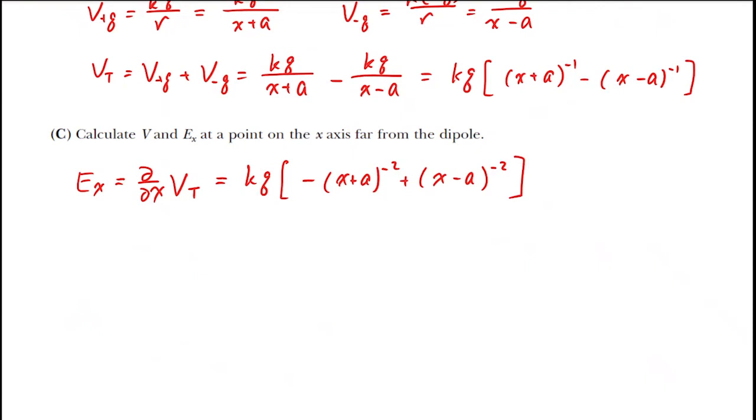Let's convert it back and see if it agrees with our previous idea. So this is negative KQ over x plus A squared, and then the other one is KQ over x minus A squared.